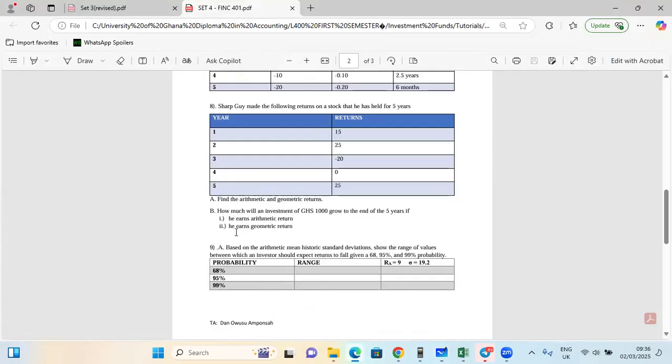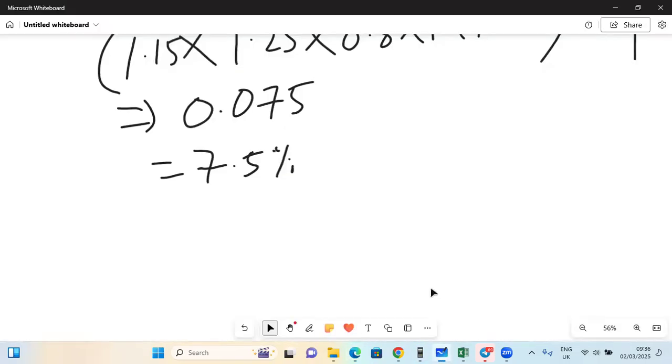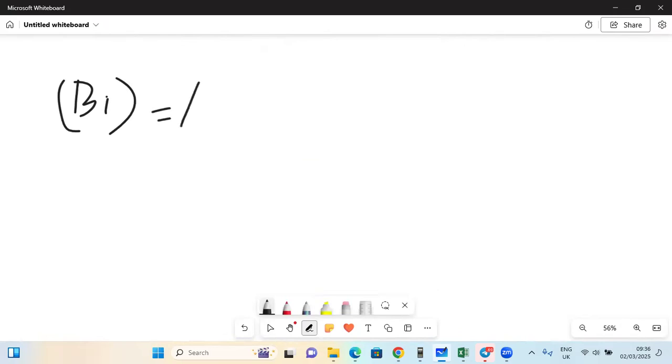B is asking us, how much will an investment of 1,000 cedis grow to at the end of the 5 years if he earns the arithmetic mean? So if he earns the arithmetic mean, this is how much he's going to earn.